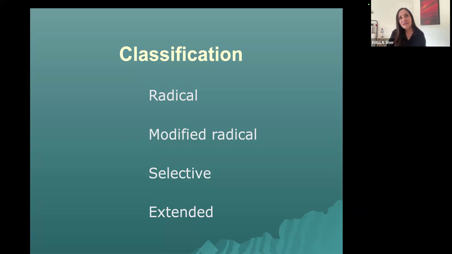Almost always, when you're doing an elective neck dissection, it's going to be a selective neck dissection. Therapeutic neck dissections can be any of these: radical, modified radical, selective, or extended. And then salvage can also be any of those, depending on the disease.